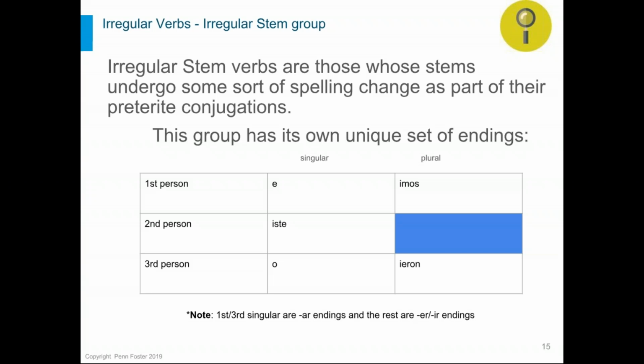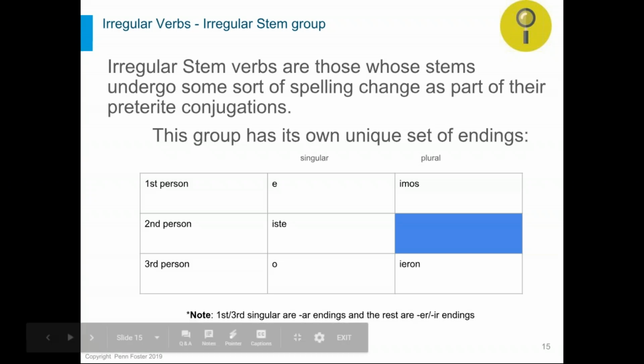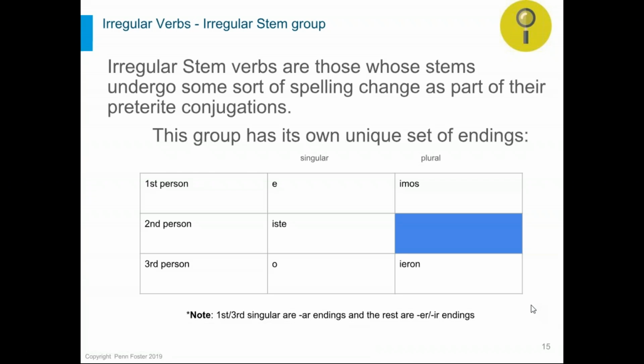And this set of endings is only used for the 11 verbs we're going to discuss on the next two slides. So keep those in mind as we move forward to talk about these 11 and do some examples.